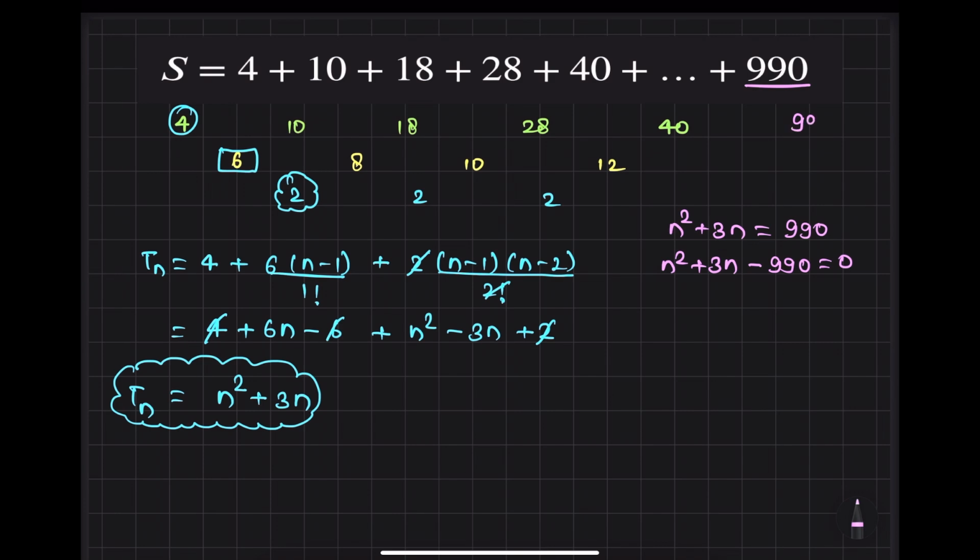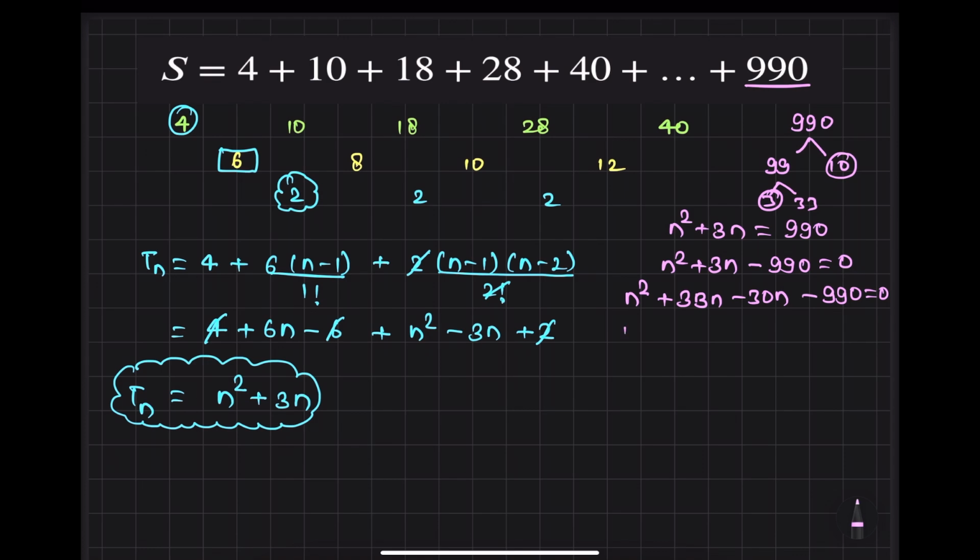So 990 can be broken down into 99 into 10, and this will be broken down into 3 into 33. So if you club this, it will become 30 and 33. So you will have 3. So can I write n square plus 33n minus 30n minus 990.